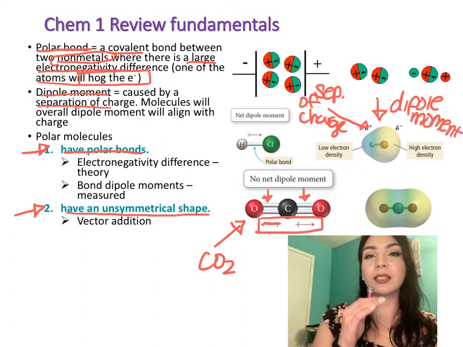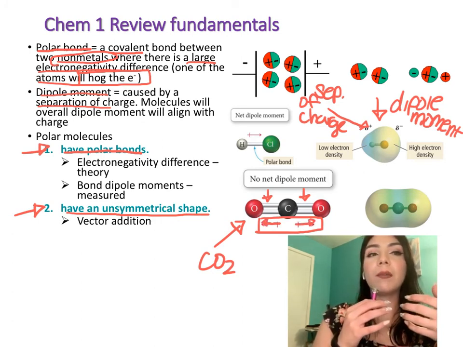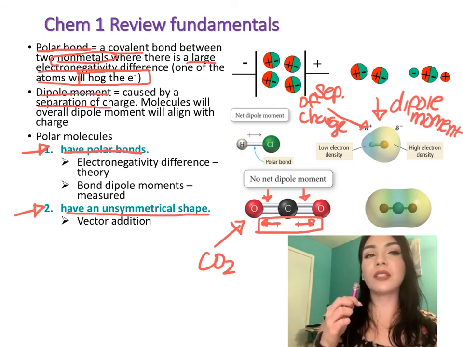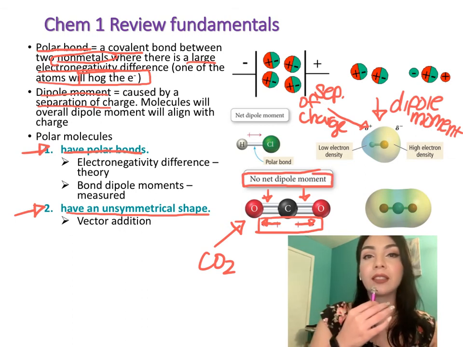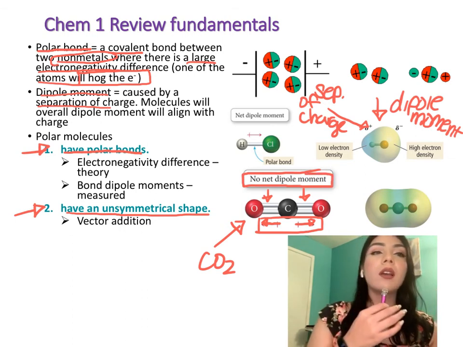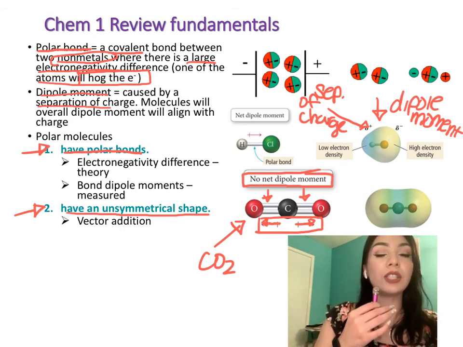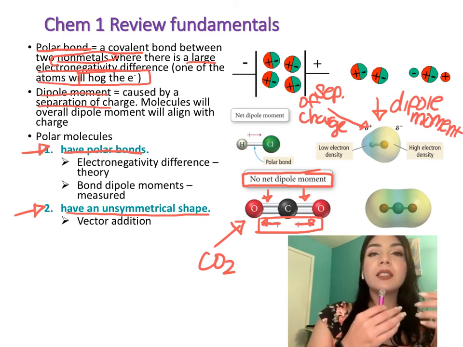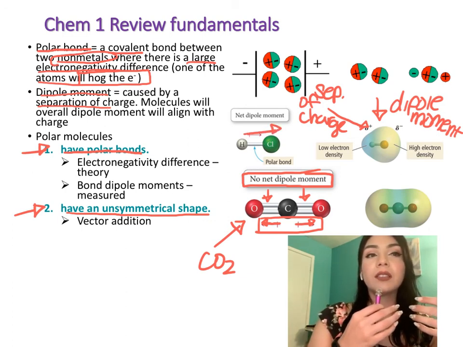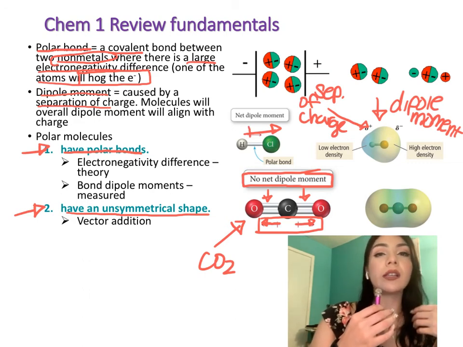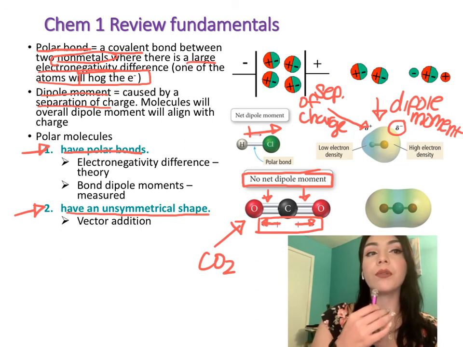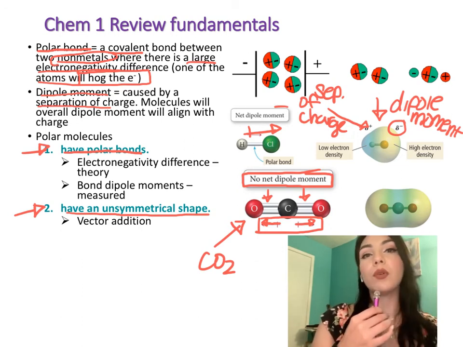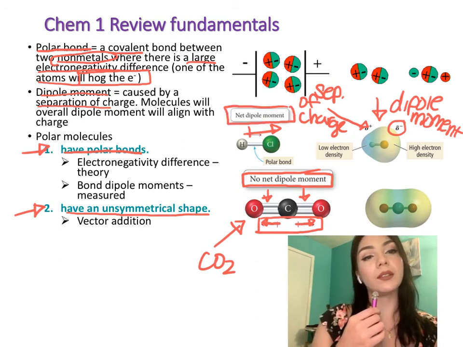And because they're the exact same atoms and they're the exact same double bond, they pull equally. So it ends up canceling each other out. So that's how I want you to think of vector addition, like a tug of war. And for example, HCl doesn't have anything canceling out because it's just the chlorine pulling and hogging the electrons away from the hydrogen. So it ends up being a polar molecule, versus carbon dioxide is not a polar molecule, but it does have polar bonds.